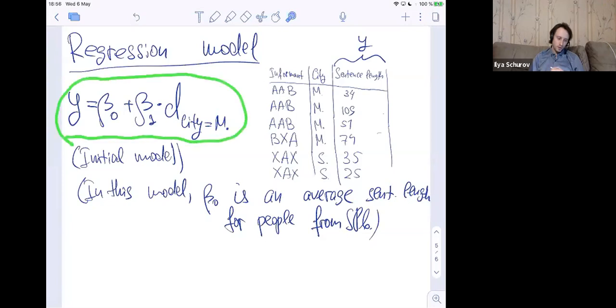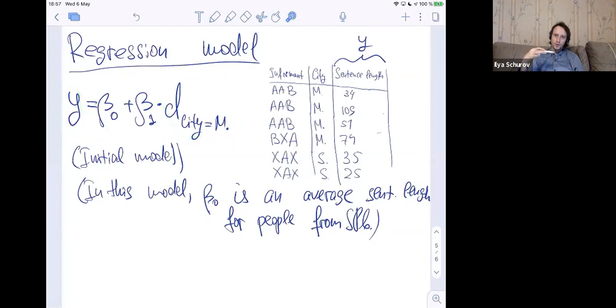Let us look at this equation. If a particular person is from St. Petersburg, then the value of this dummy variable for this person is 0, because this variable is 1 if city is Moscow. Then for this person, y equals just beta naught. So we understand that this y is a kind of average value, because we consider a model person, not a real person, for whom this equation holds.